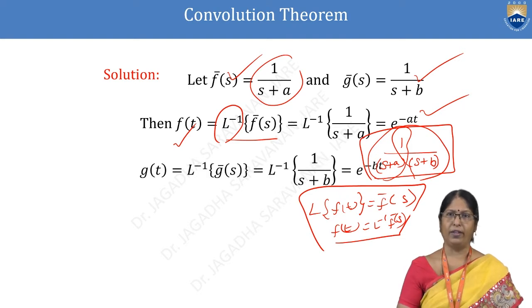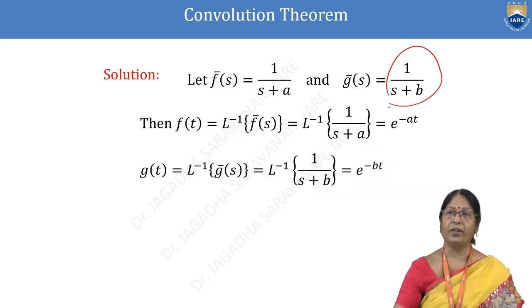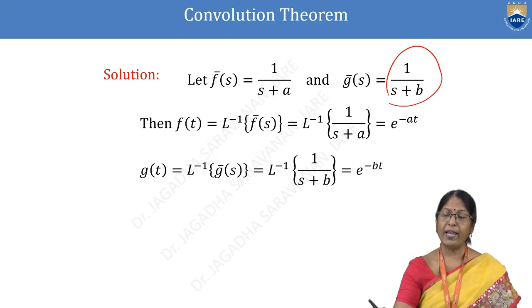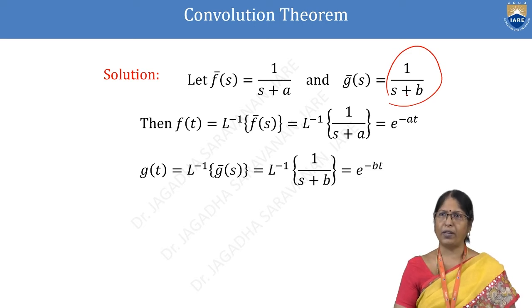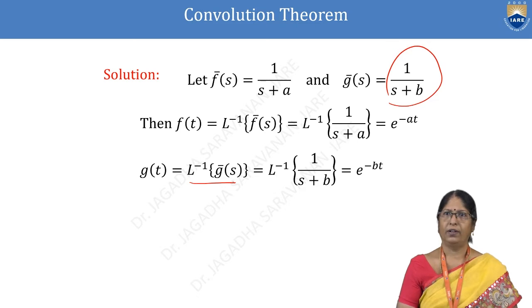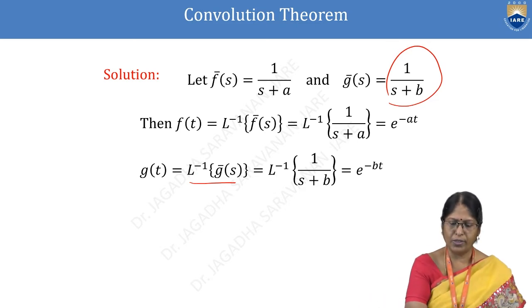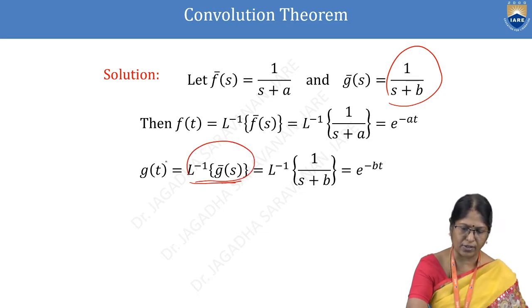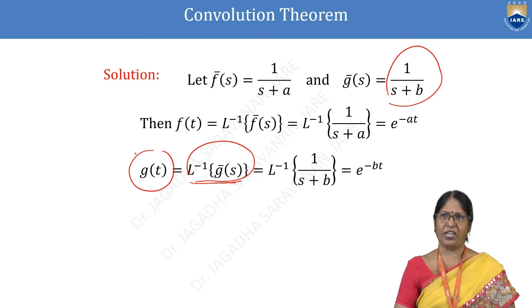The next one: g bar of s, which is 1 by s plus b, we are finding its L inverse. We apply the inverse Laplace operator to g bar of s, and the result is g of t.